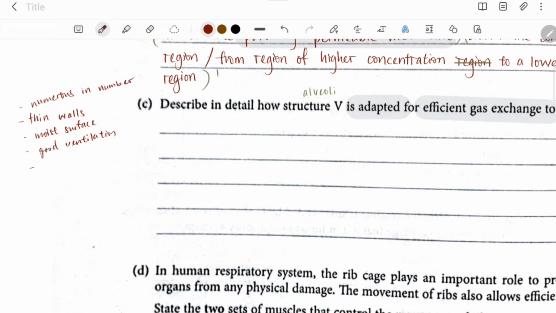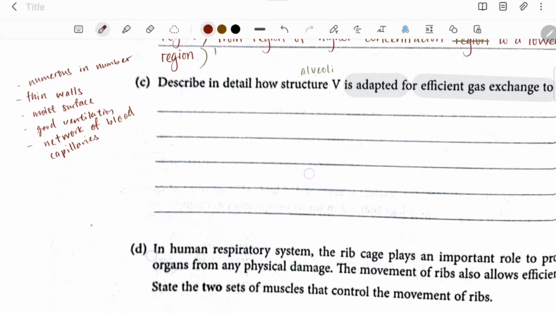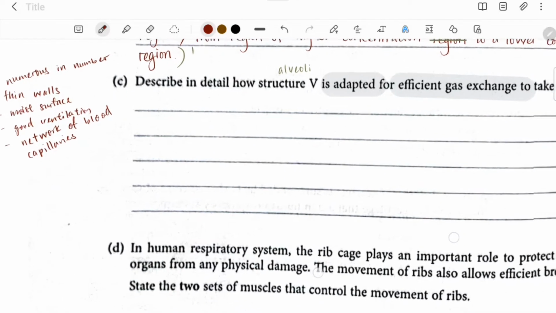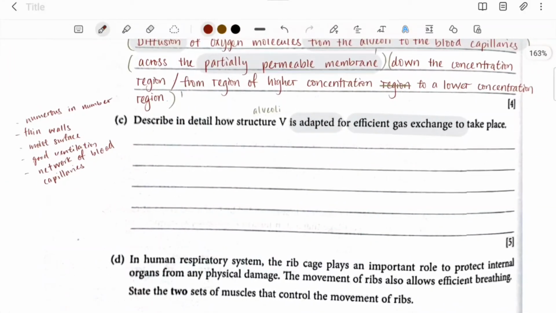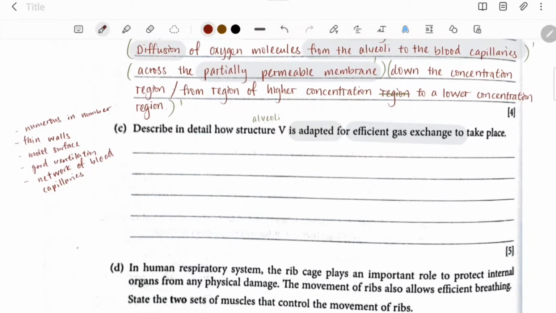And then after that, last thing you can say that they are surrounded by a network of blood capillaries. Okay, so these are the points that you can write lah. So to answer the question according to these 5 points only lor. So okay, just write that.